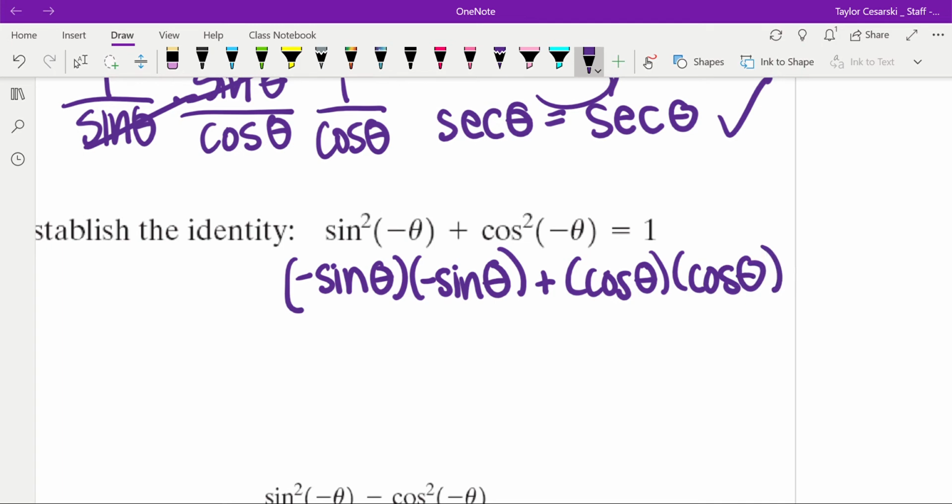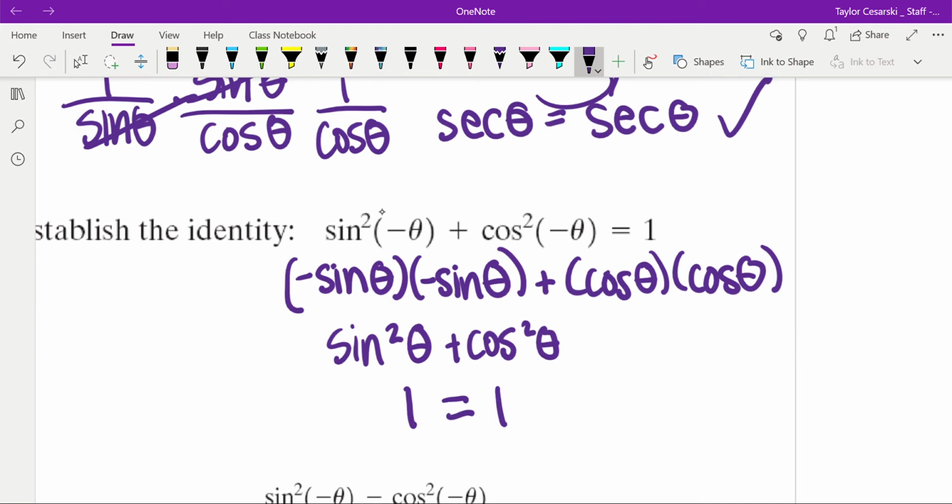Notice that here it's going to be negative for sine, but positive for cosine, because cosine's even and sine is odd. However, when I multiply a negative times a negative, it still ends up being a positive. So this I can really just write as sine squared of theta plus cosine squared of theta. We know sine squared of theta plus cosine squared of theta is 1. 1 equals 1, so therefore we're good.